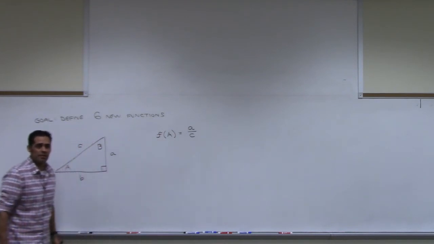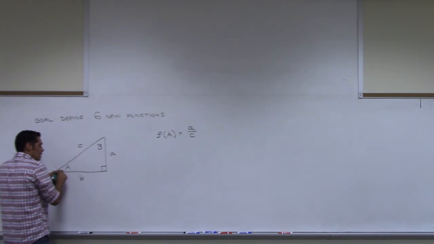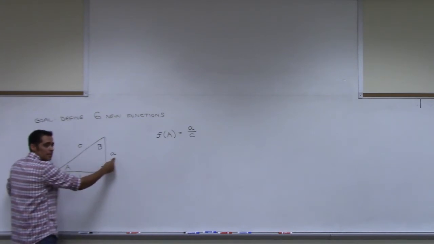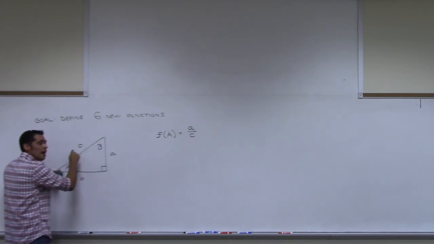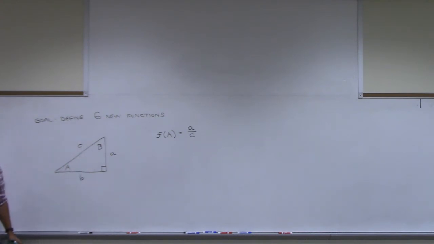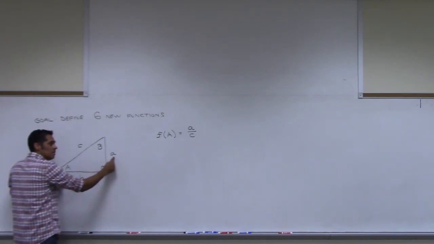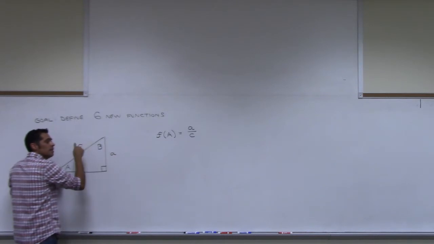That's what that function does, all right? It always just takes the side opposite of the angle and divides it by the hypotenuse. I just chose that function out of nowhere, all right? What is the output? It's the side opposite of the angle divided by the hypotenuse of the triangle.